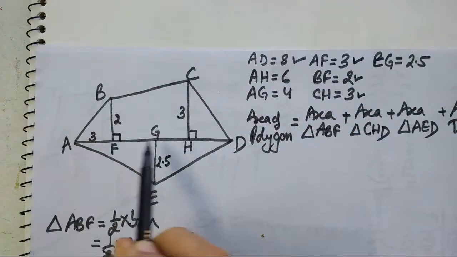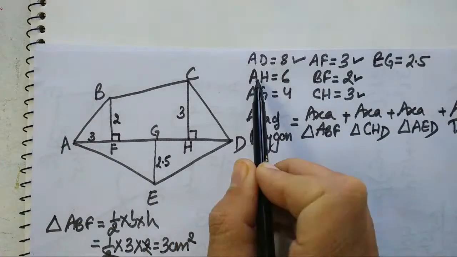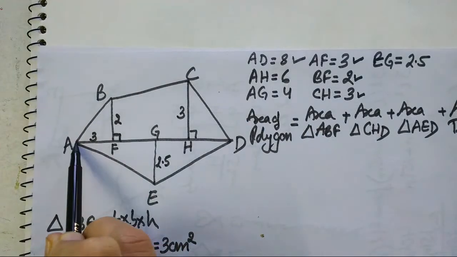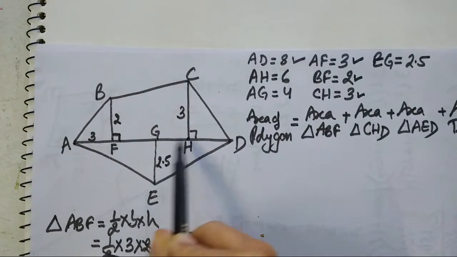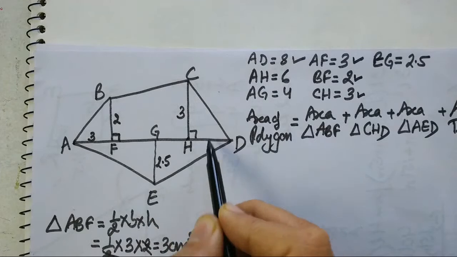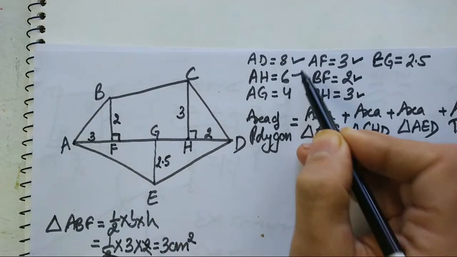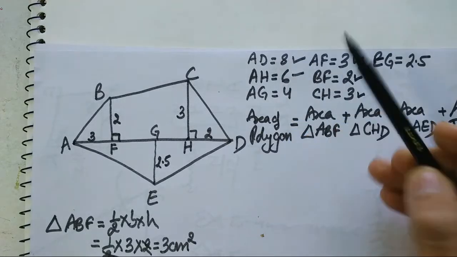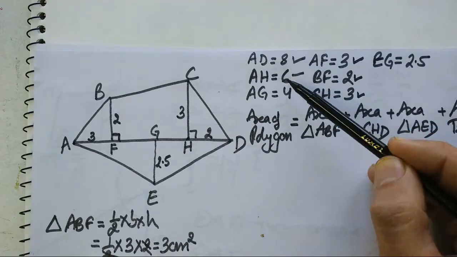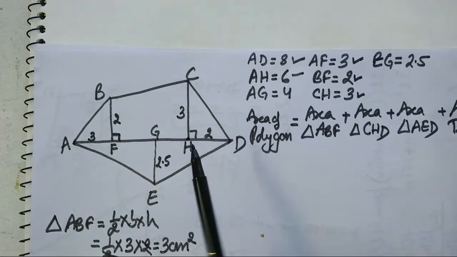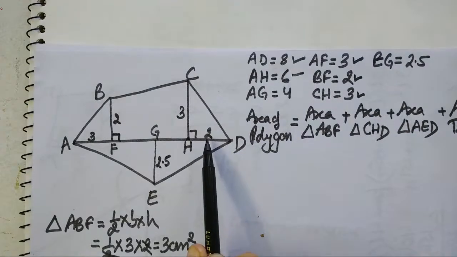This full length AD is given 8. AH is given 6. From this point to this point is 6. So if this is 6, then this will become 2 because these two are part of this. So this will become 8. AH will become 6. So this will become 2, 8 minus 6.